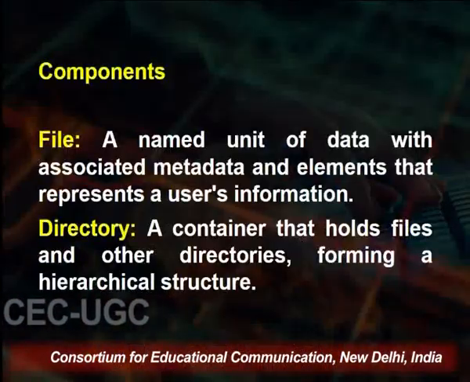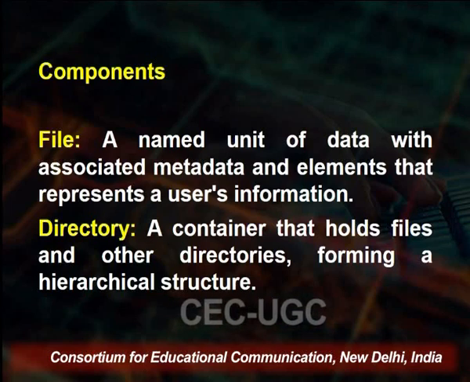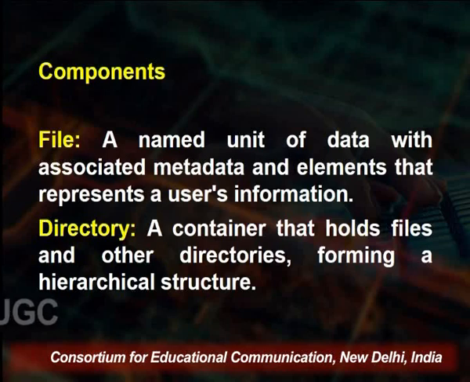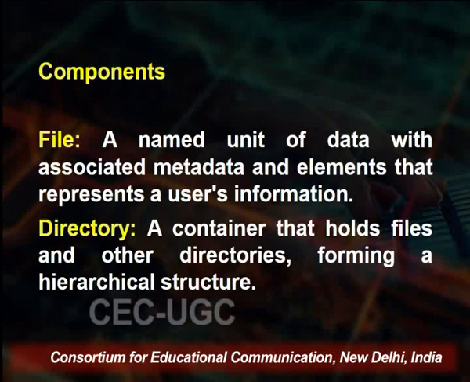Now coming to the various components of file system, we have seen that the components are files, directories, file metadata, and file operations, along with directory operations. A file, as you all are aware, is a named unit of data which has some metadata and elements associated with it, and these elements and metadata represent information about the file, for example, who has created it, when the file was created, when it was modified, and other information.